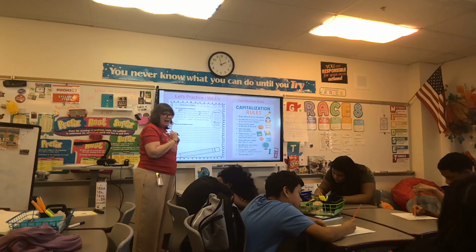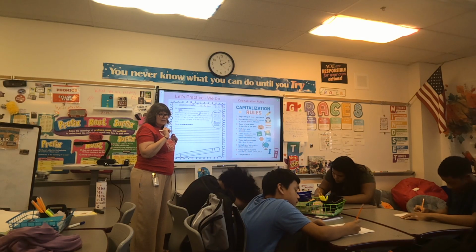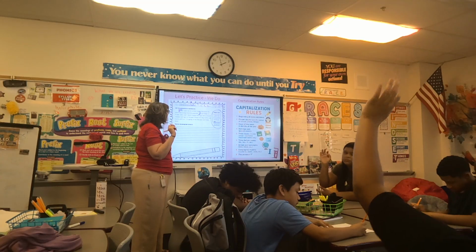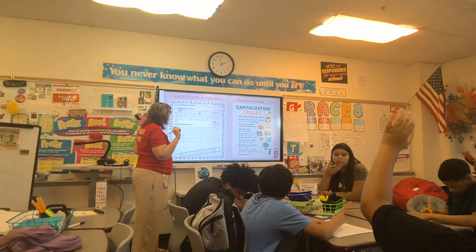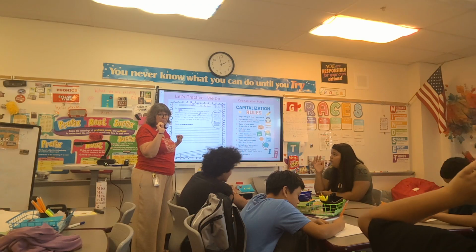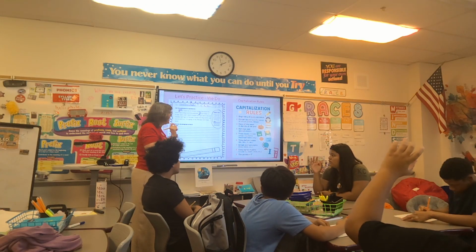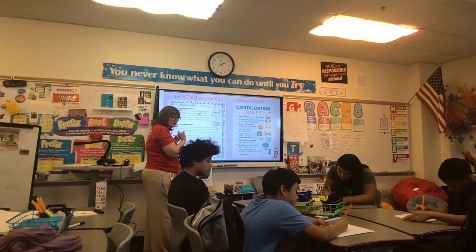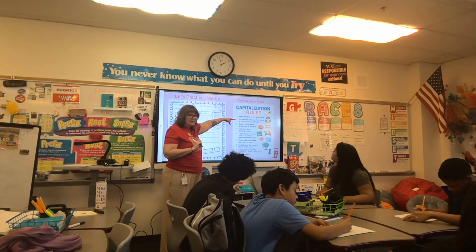Okay, next one, raise your hand, please. There are 2 more. It should be: my birthday is Friday and I can't wait. Friday. Okay, which capitalization rule applies? Look at your capitalization rule list, which one applies?